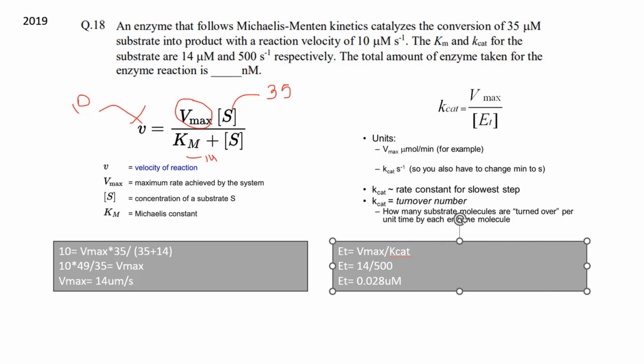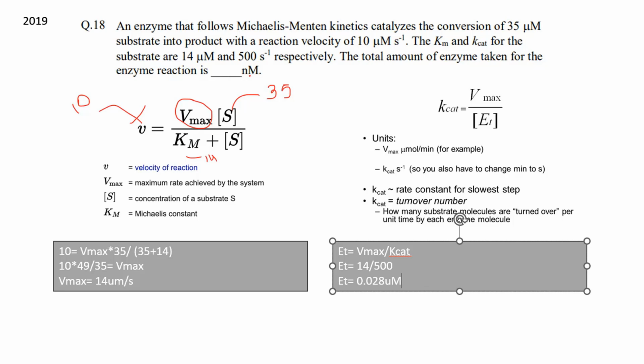Now, in the question it is asked in nanomolar, so you have to keep this in mind before answering. Even if you have got the answer correctly, if your units are not correct, you will not get any marks. And this is a numerical answer type question, so you have to enter the value of the answer. If you write 0.028, thinking you have converted into micromolar, you will lose your mark even if you have done the entire thing correctly.